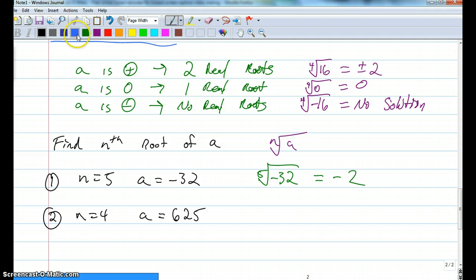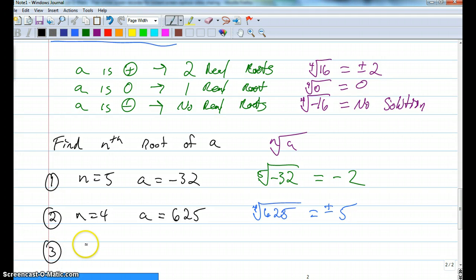So we're saying the 4th root of 625. What times itself 4 times is 625? Well, since it's an even root and we got a positive number, it's going to be plus or minus. It is 5. 5 to the 4th power is 625. But it's plus or minus.